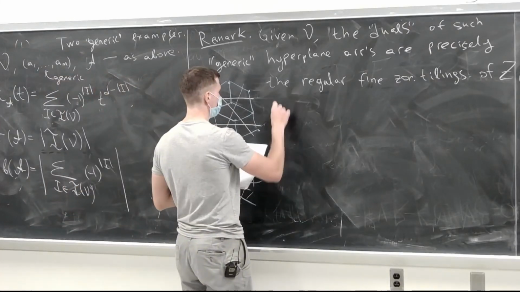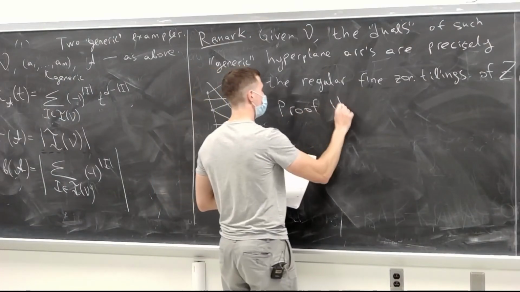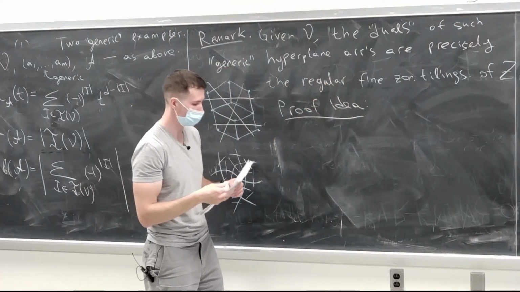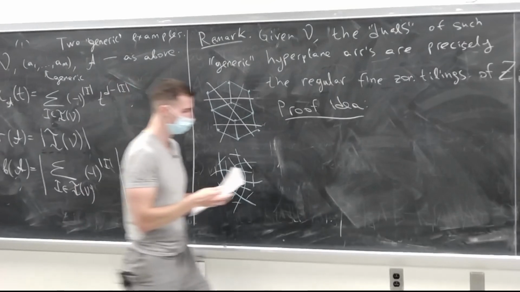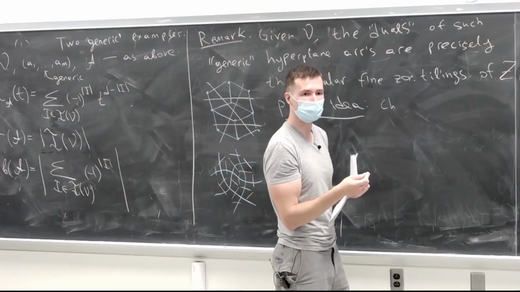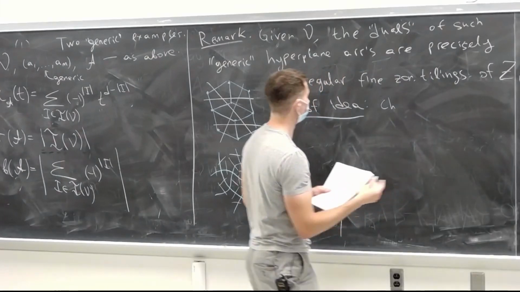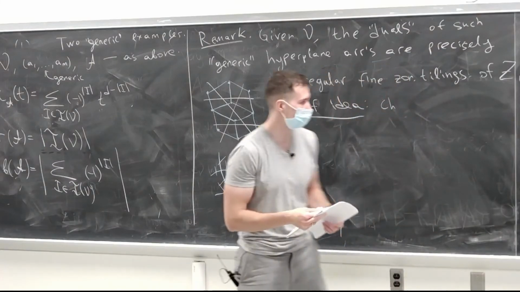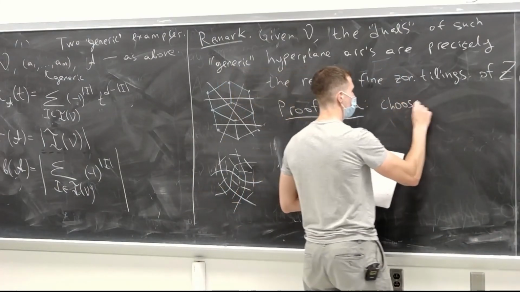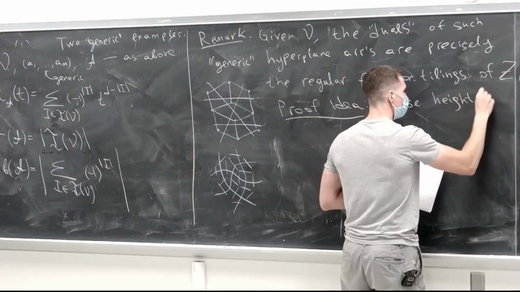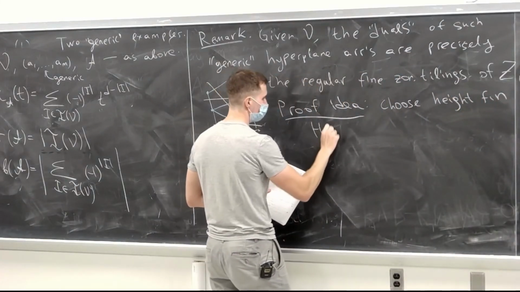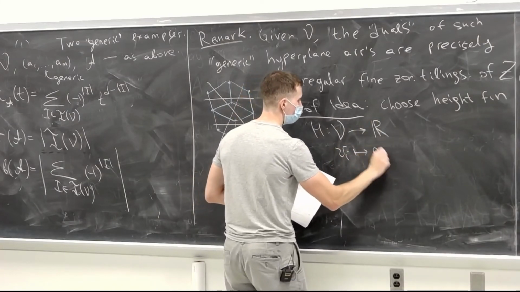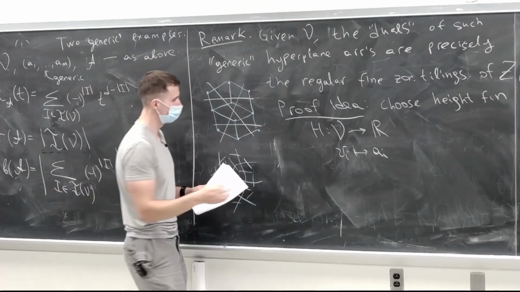So the proof idea here is that, as always with regular tilings, you choose a height function. What is a height function? Nice. Yeah. Okay. Right. So I have m vectors in my vector configuration, and I have m numbers, say a_1 through a_m. So I choose a height function h sending v_i to a_i, and then somehow I take the corresponding zonotope.